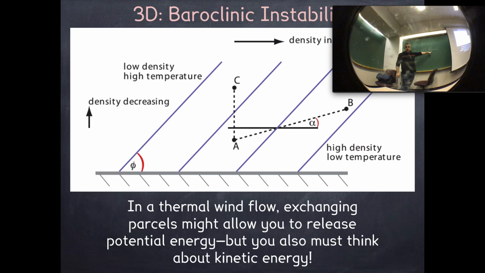Now we'd like to think about baroclinic instability. This is a 3D instability of a geostrophically balanced flow. Okay? So if it's a geostrophically balanced flow, what equations of motion could we go to that would be simplified rather than the full Boussinesq equations?